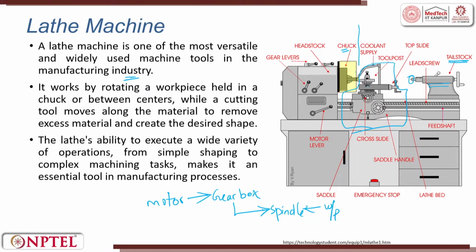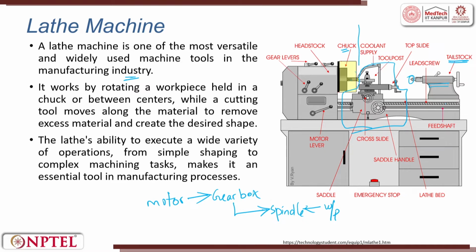The tool can be advanced through rotating the handle here. You can orient the tool in any direction of your choice, such that you can make a horizontal flat or a tapered surface with respect to the axis, depending upon the movement.